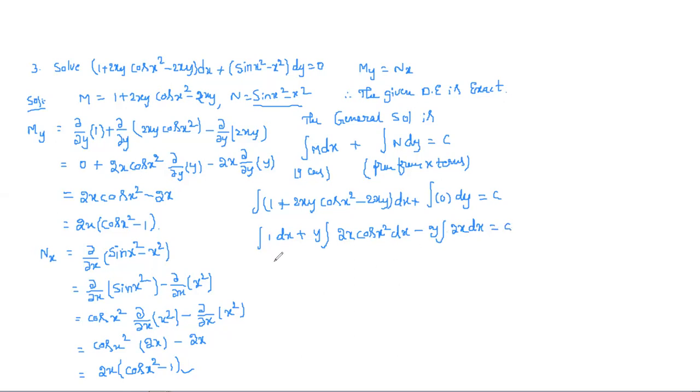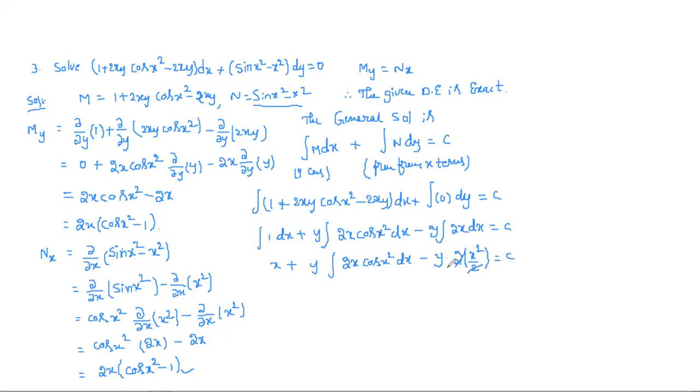Integral dx is nothing but x, plus y times integral 2x cos x² dx, minus y times 2 times the integration of x, which is x²/2, is equal to c.